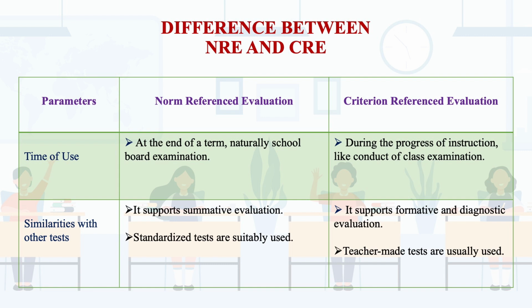So further, to differentiate between norm referenced evaluation and criterion referenced evaluation, we will discuss it with a few parameters, just like the parameter of time of use. We can say that norm referenced evaluation is used at the end of the term, or naturally the school board examination is an example of the norm referenced test.